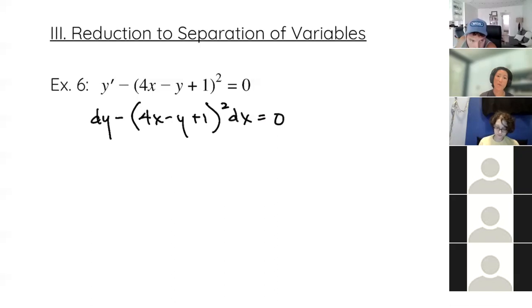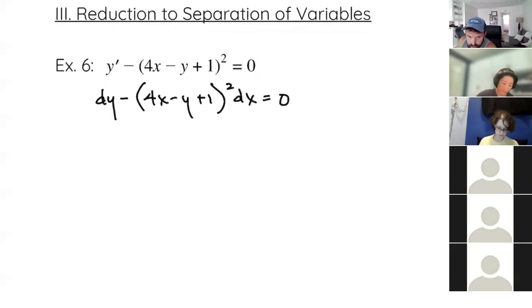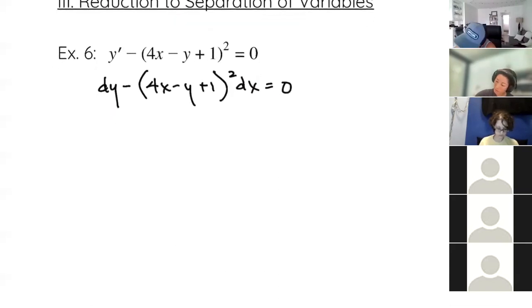And so we're going to try and separate them by using a substitution first to make things easier to separate. Okay. So let's put a red frowny face here because that's not so helpful for us.